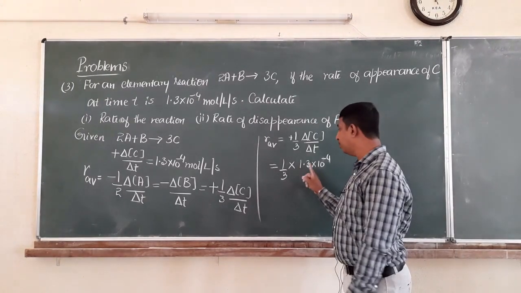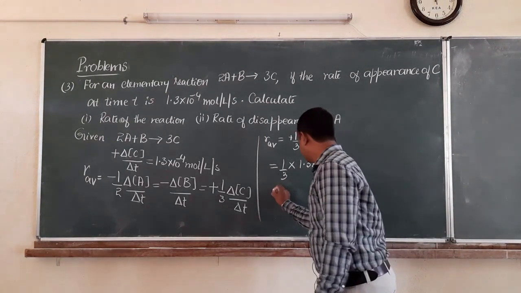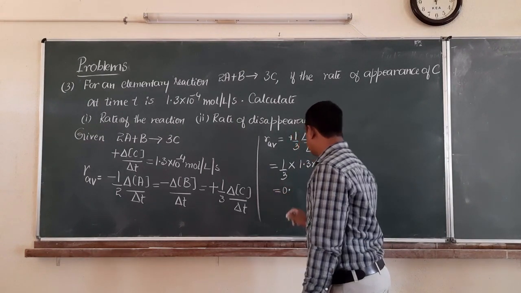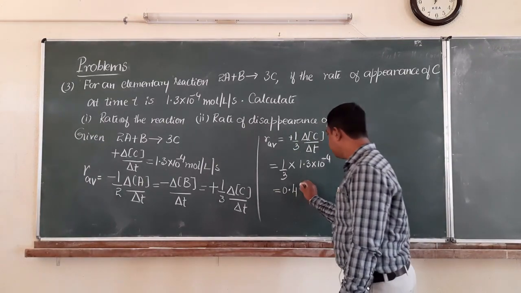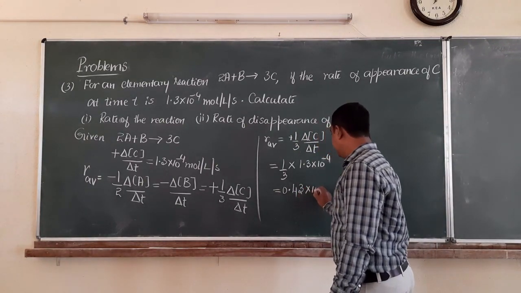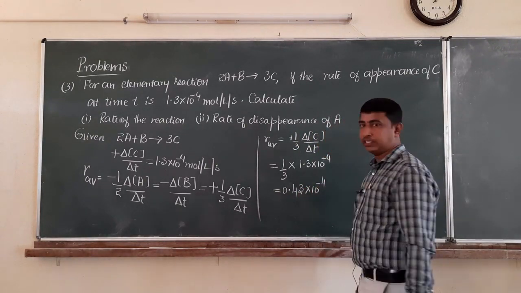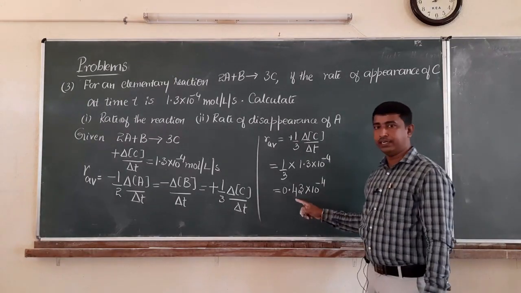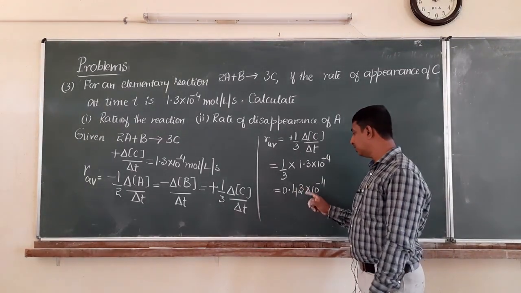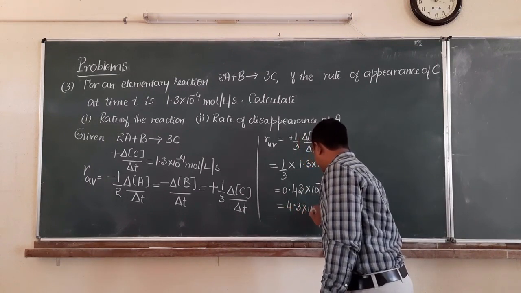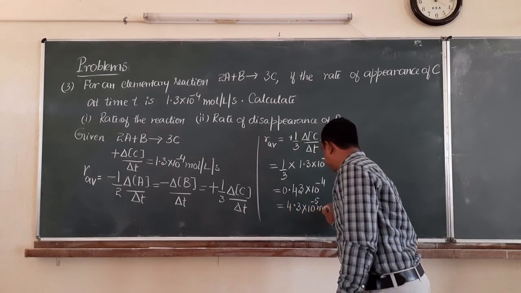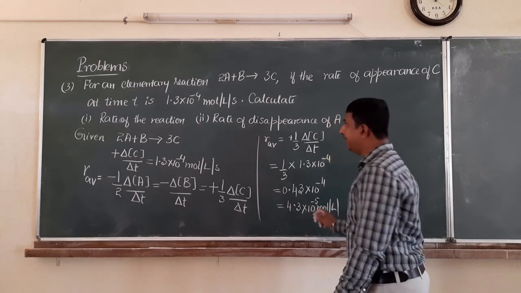Let us divide 1.3 by 3. It is equal to 0.43, correct? So 0.43 into 10 to the power minus 4, or it is 4.3 into 10 to the power minus 5 mole per liter.